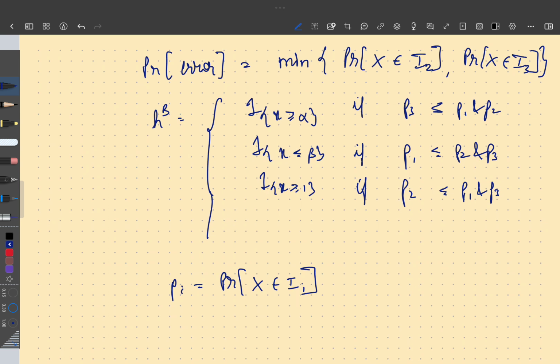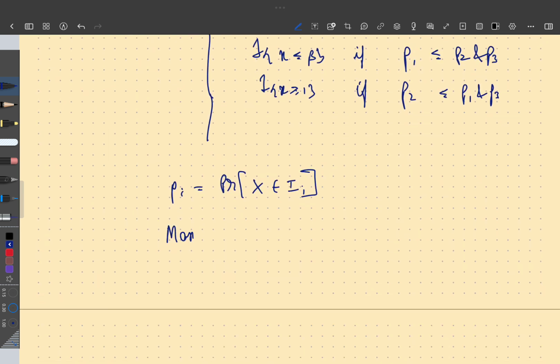What is the largest probability of error that this will incur? 1 by 3, right? Why? The min of P1, P2, P3 is less than P1, less than P2, less than P3. Correct. Add them up. 3 times min. Yes.